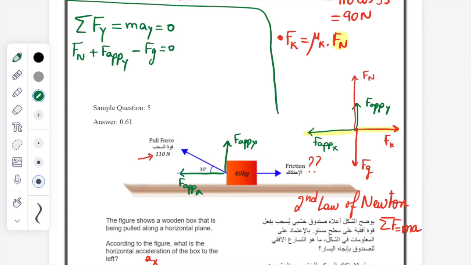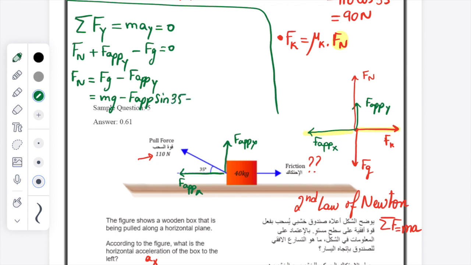By rearranging the formula, I will have F normal equals the force of gravity minus the y component of the applied force, which will give me mg minus F applied sine theta, sine 35.